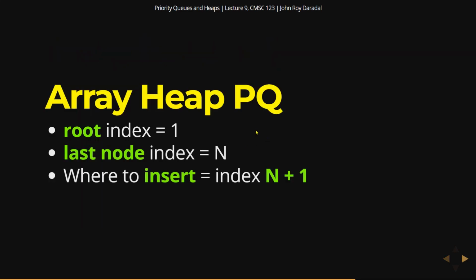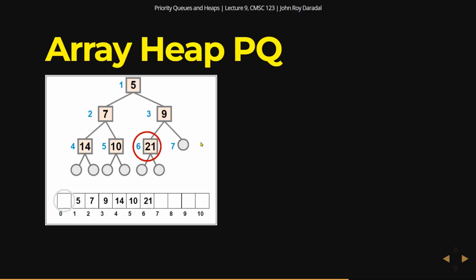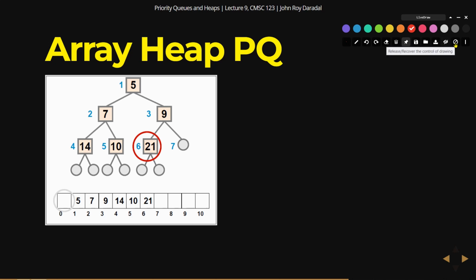And then where to insert could be at index n plus 1, because the next available position would always be the immediate right of the last node, right? So if the last node is at index n, the immediate right of the last node is at n plus 1.